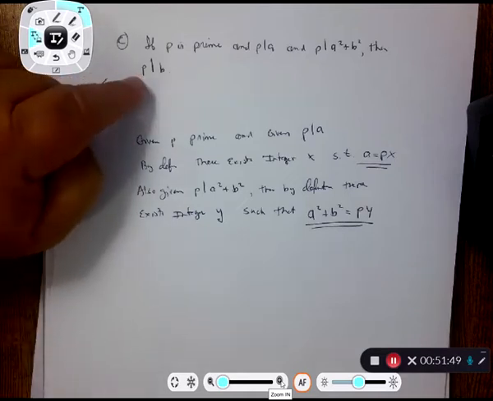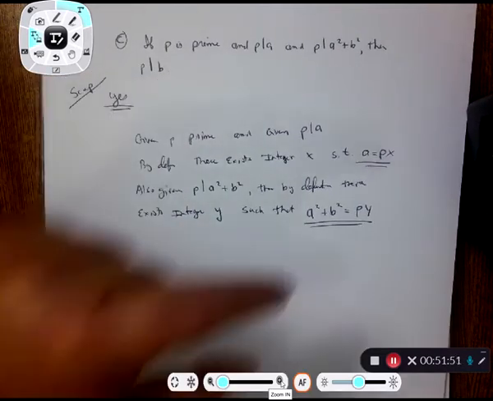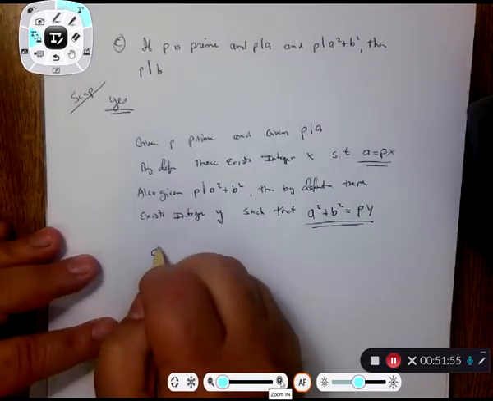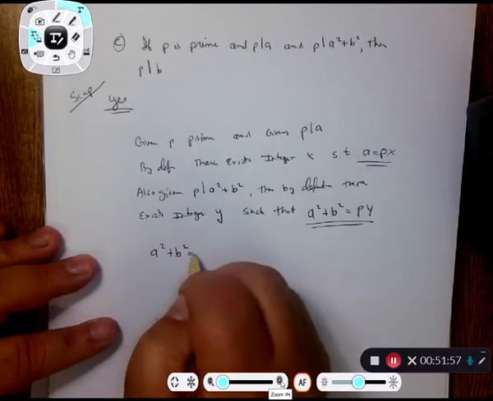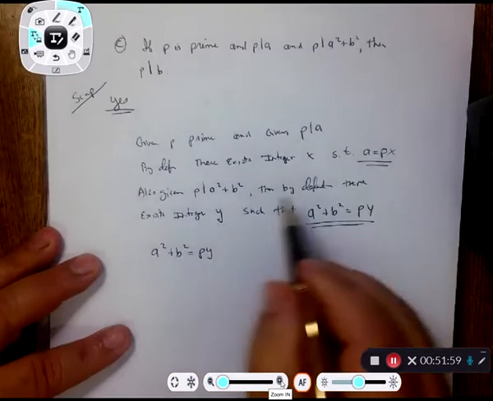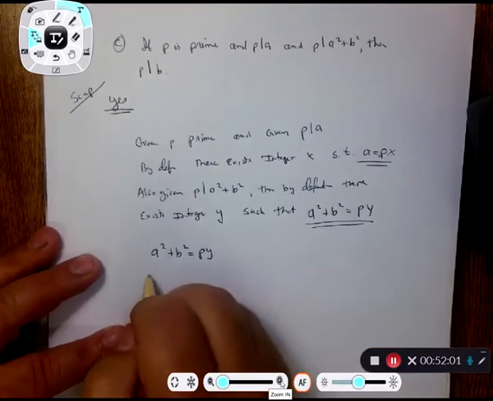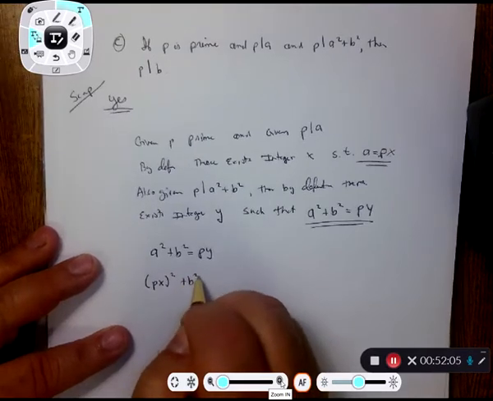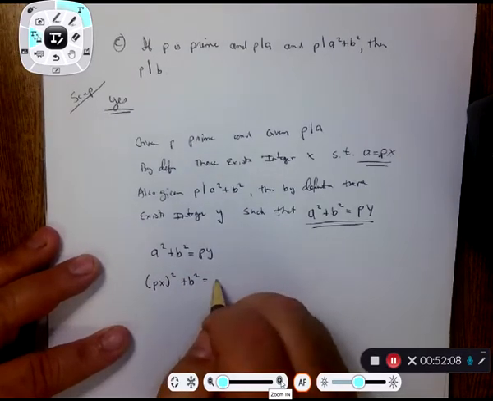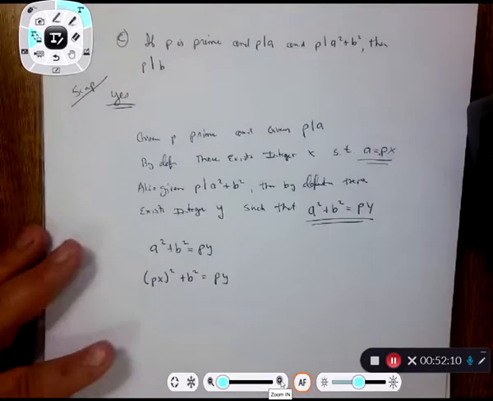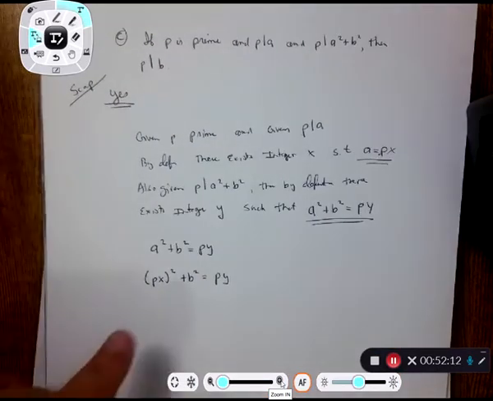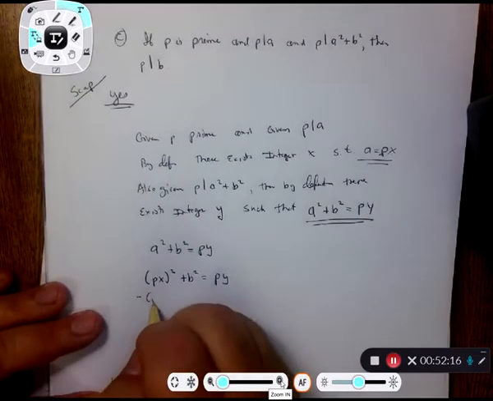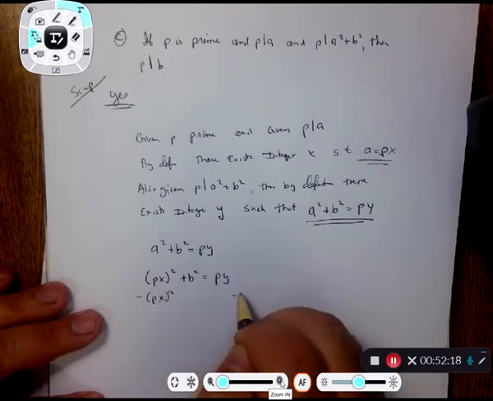I want to show that P divides B. So I'm going to put these two equations together. We have A squared plus B squared is equal to PY. I can replace A with PX, so this would be (PX) squared plus B squared equals PY. I can group all my P's on one side, so I subtract (PX) squared from both sides.